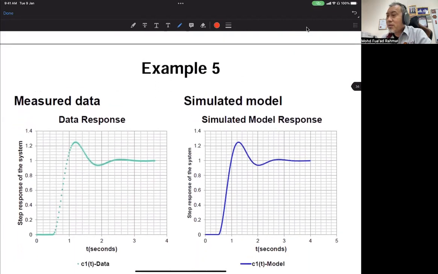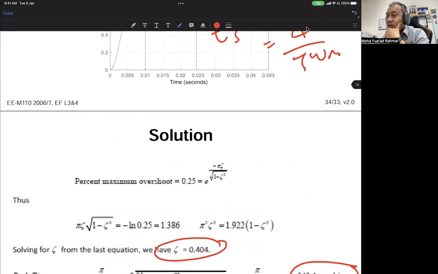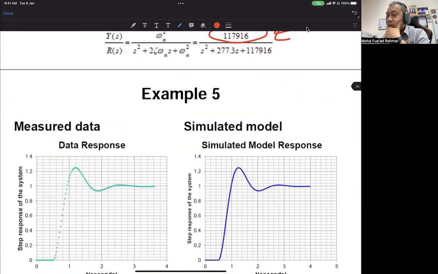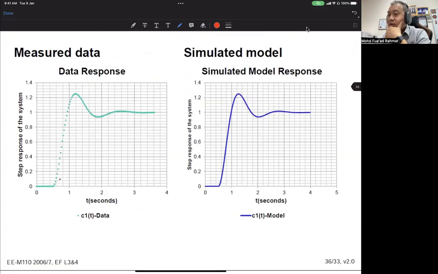This is from the assignment and previous student project assignment, where they are given measured data here, and then they have to find the transfer function. So be careful, since our example starts from 0, the time delay is equal to 0. But in this case, the time delay exists.